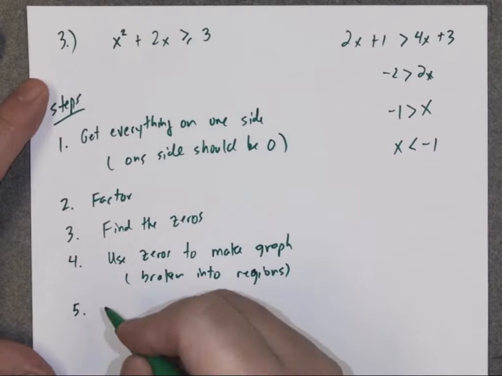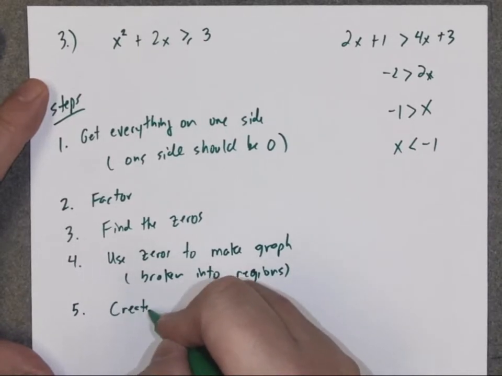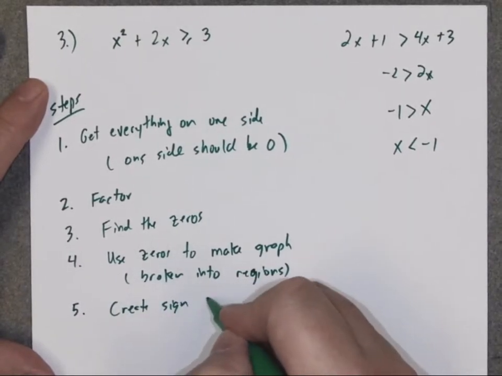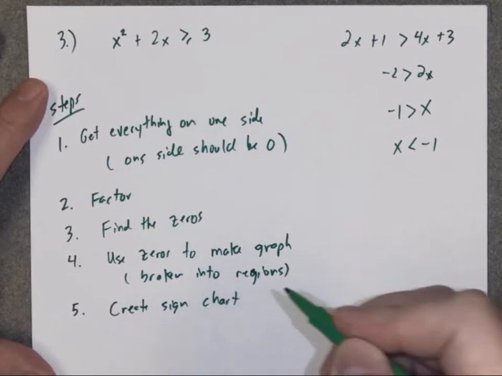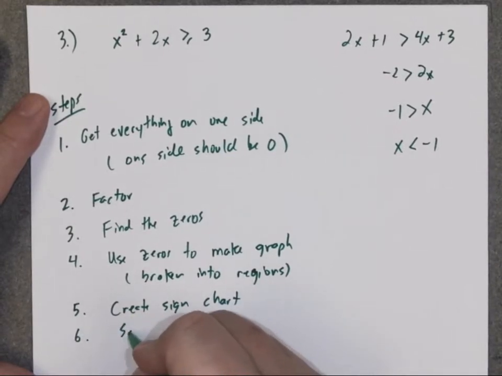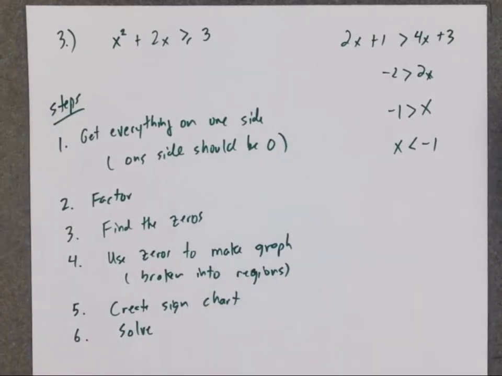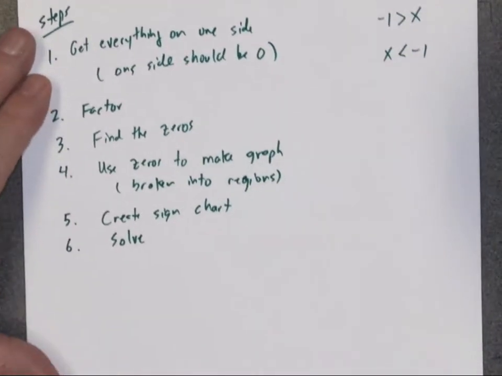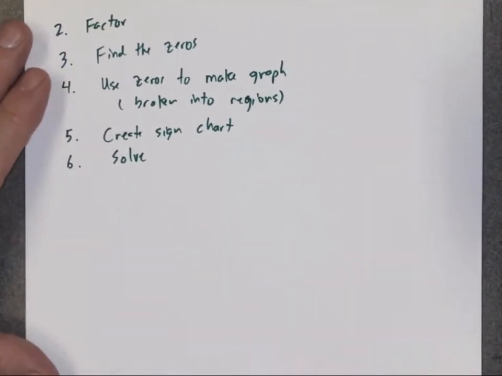And then we're going to create a sign chart, which you may or may not be familiar with. After we create the sign chart, we basically are able to solve it. This may seem complicated at first, but hopefully after we do a couple of these, not too difficult. So let's go ahead and solve this one, even though maybe you can't see the steps here.